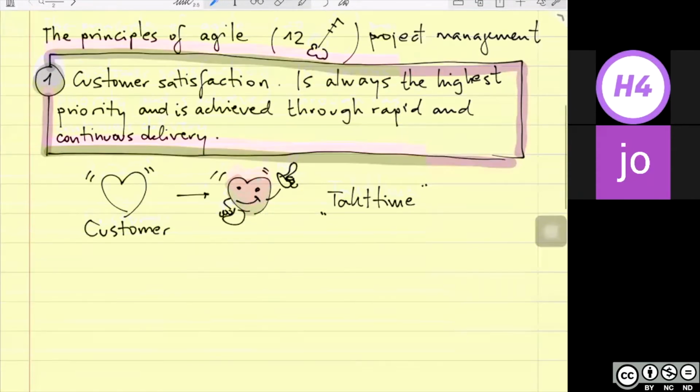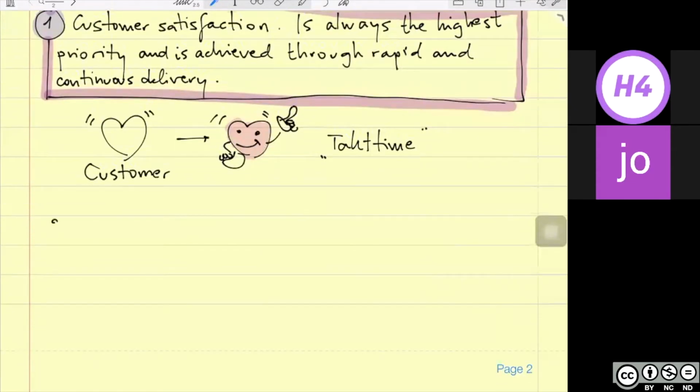Questions? Good. So second principle is changing, or let me put it like this. It's called flexibility. Okay.